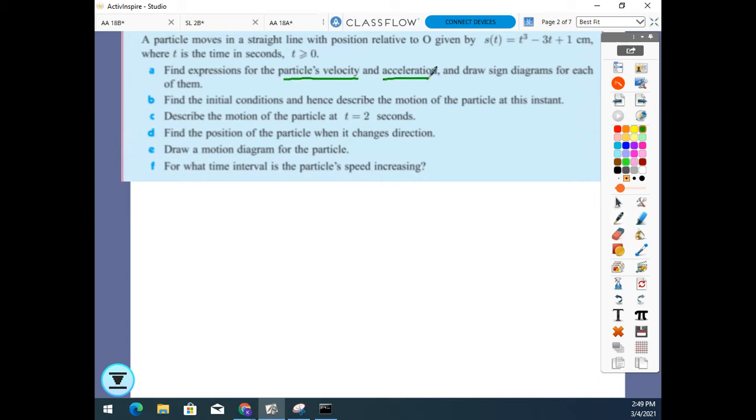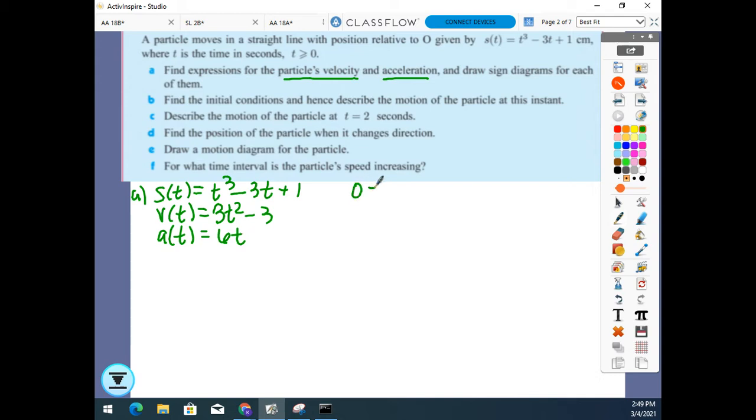S, V, A. So I'm just going to write out my S. And my V is the derivative of S, and my A is the derivative of V. Then I do my sign charts.